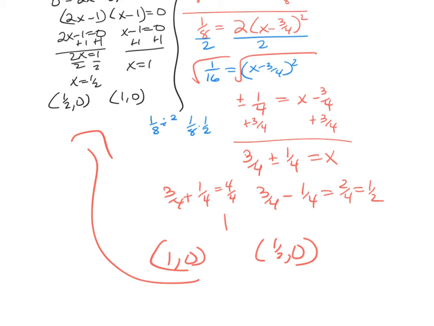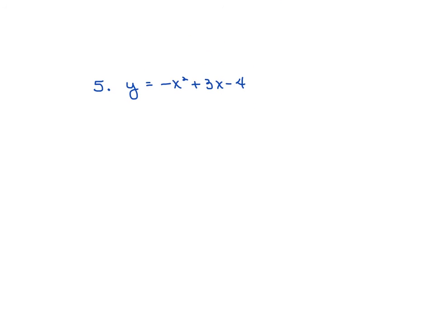One more example. Last one. So again, notice the number in front of x squared is not a positive 1. So again, I'm going to factor out a GCF of -1 out of just the first 2 terms. So it's -1, and then x squared minus 3x, leave a blank space, shift the -4 over.